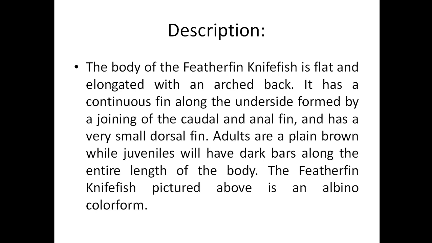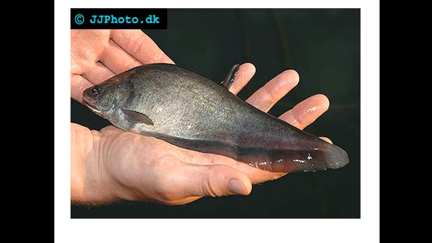Another very interesting thing is it has a continuous fin along the underside, which has been formed by the fusion of the caudal and anal fin. Look here, a continuous fin. So the anal fin and caudal fin have fused together. That's why on the underside it has a continuous sheet of fins.